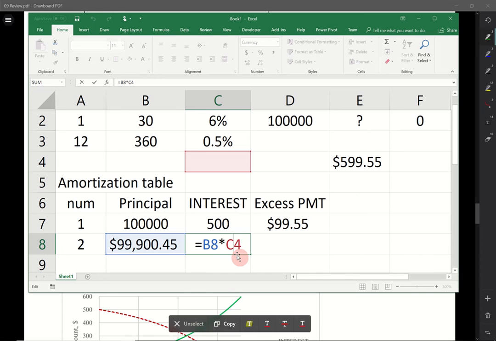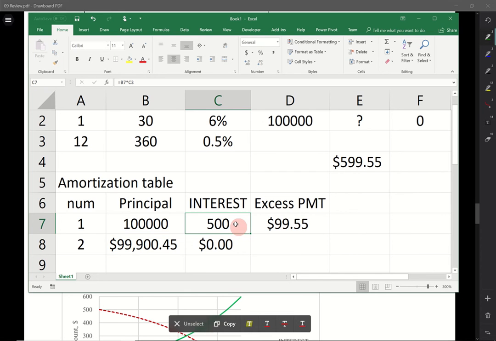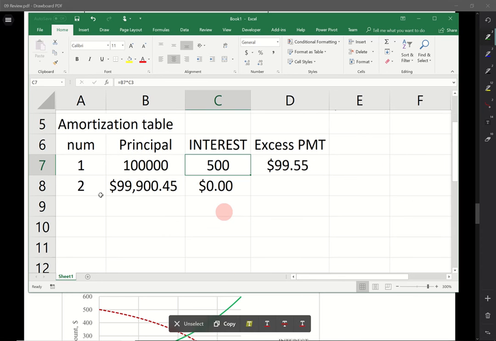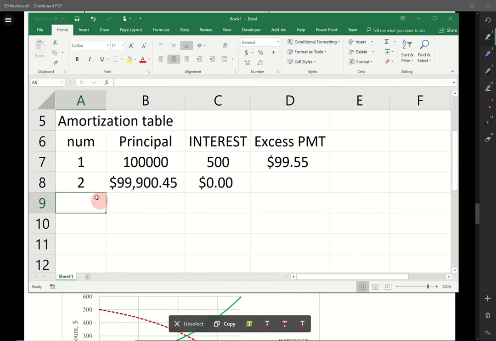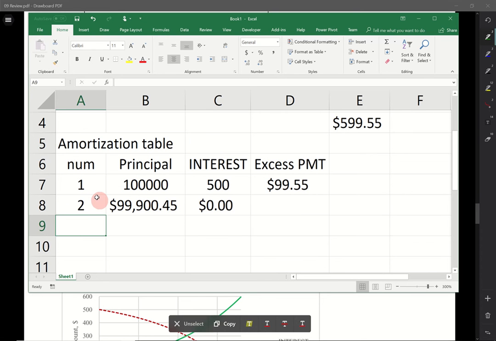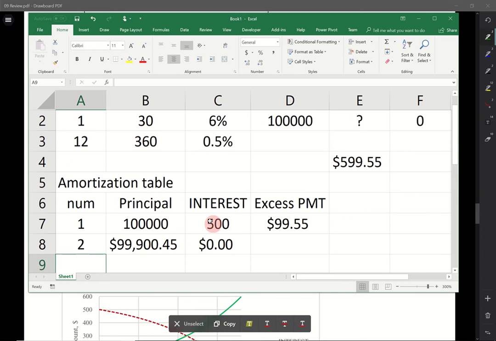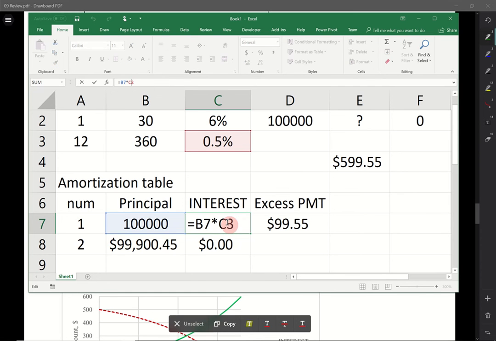So that's not what I want, right? I want, when I propagate this cell down, because what I'm really going to do, right, is I really want to do all 360 payments, right? I want to do all 360 payments. So I really want to lock on that cell, right? So I can say click there, right?